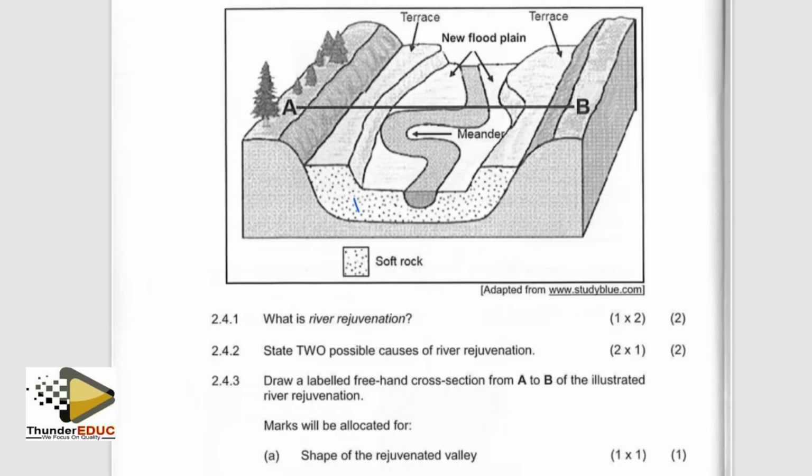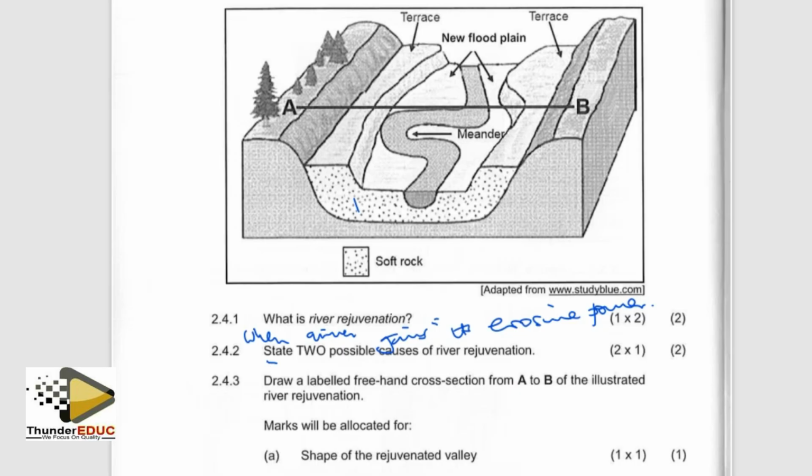What is river rejuvenation? Here we say when a river gains its erosive power, or when the river develops the characteristics of the upper stream while it is in the lower course. State two possible causes of rejuvenation. What could cause rejuvenation?